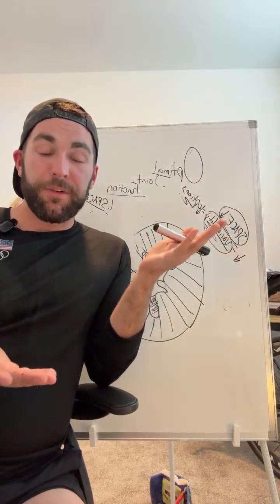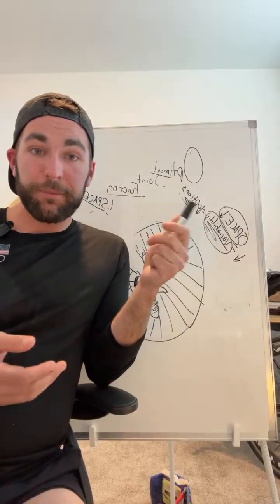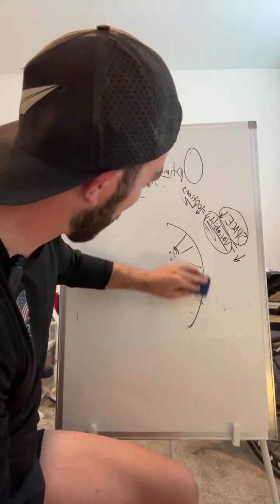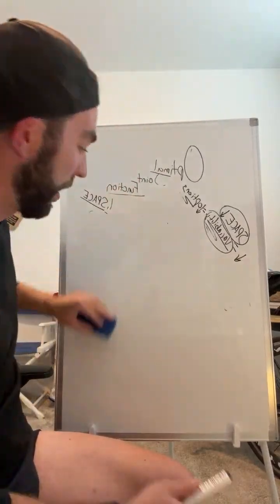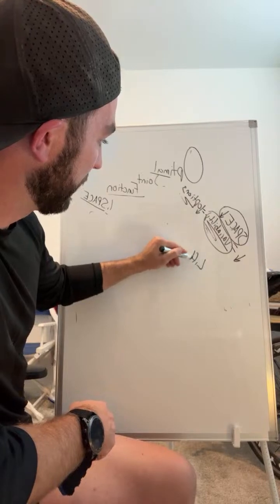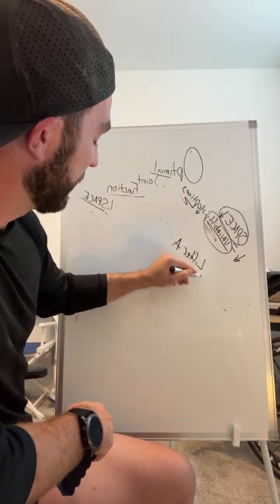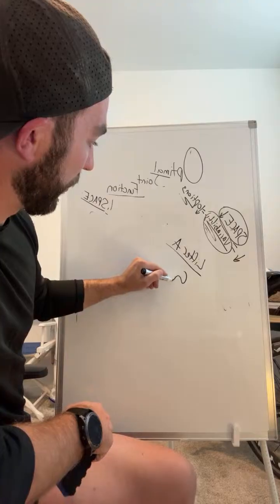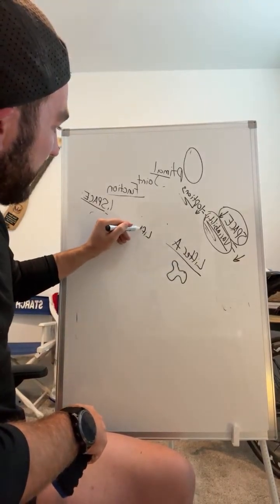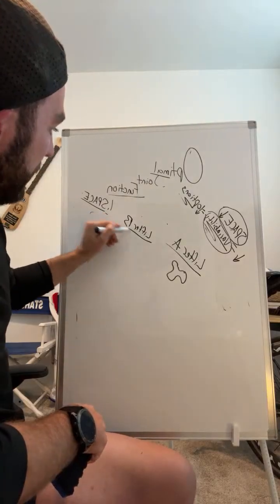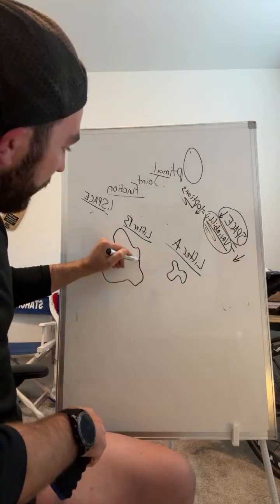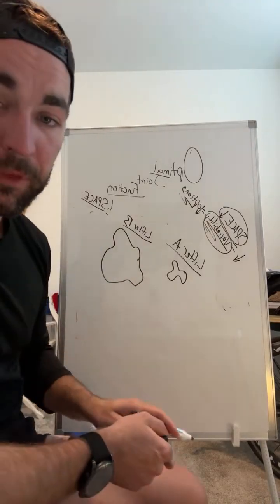So if I have lifter A and lifter B, okay, let's put that in. Who's going to be able to adapt more? So if I've got lifter A, and this is their hip capsule, and I've got lifter B, and this is their hip capsule, okay?